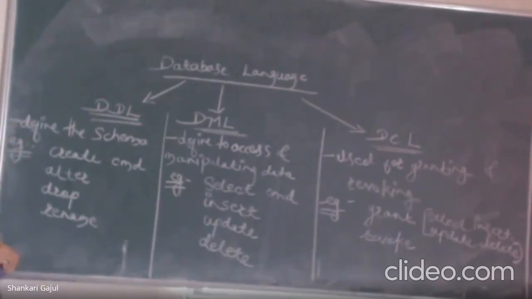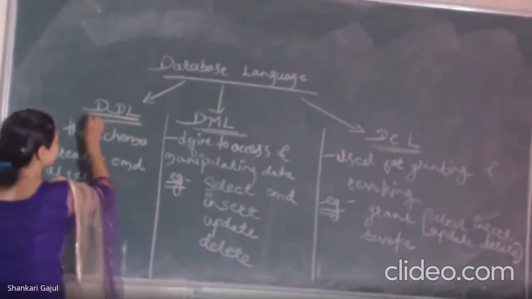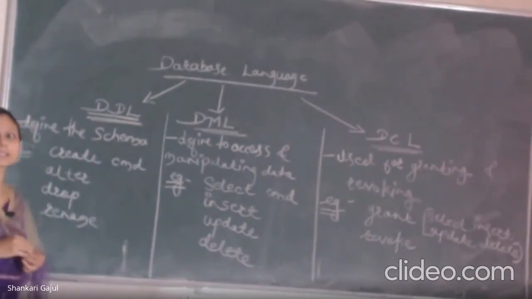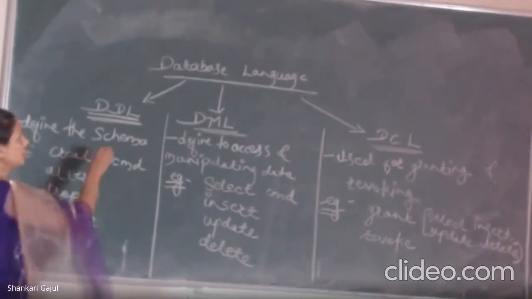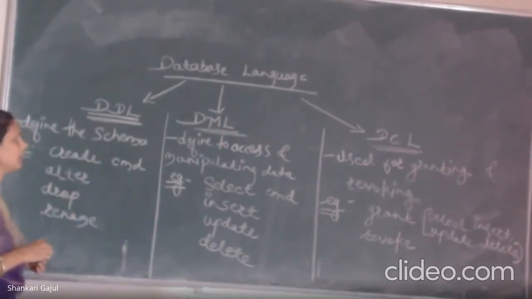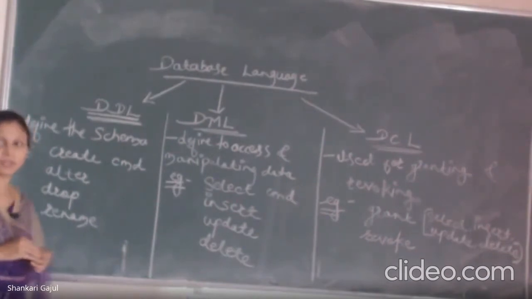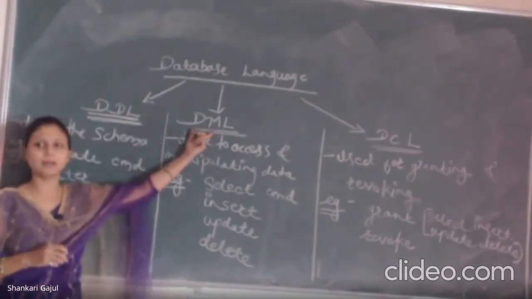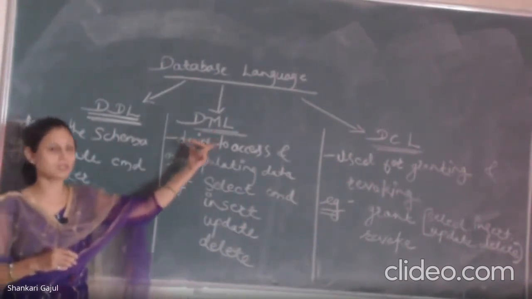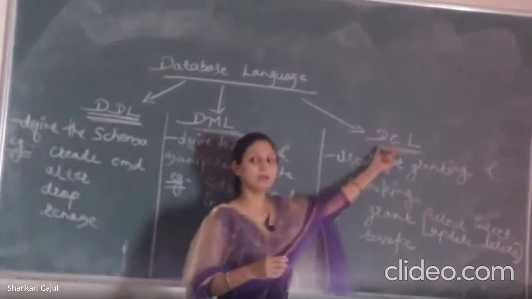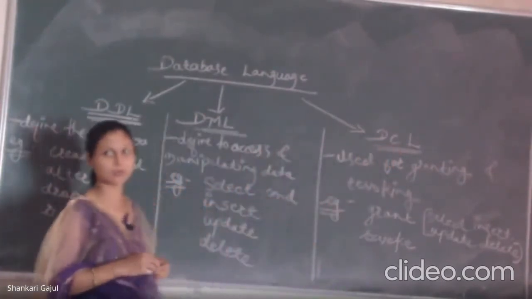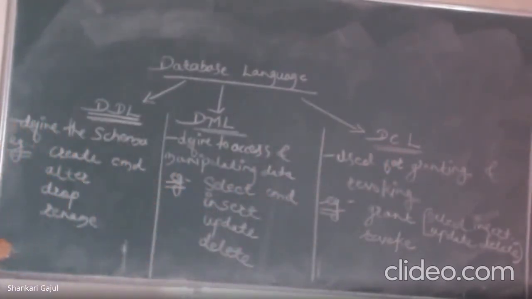The database language is divided into three types: DDL, which stands for Data Definition Language, DML, Data Manipulation Language, and DCL, Data Control Language. We will see them one by one.